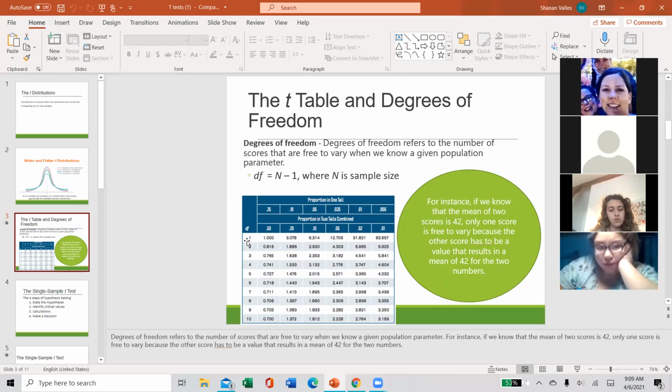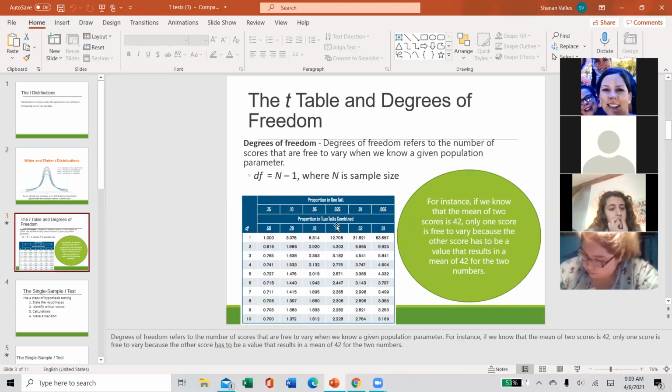Okay, and remember, in that table in the back of your book, or I've posted them here, you go by degrees of freedom. You slide your finger down, and say we find 9, and then we see all these numbers across here. In our statistics class, we'll always do two-tailed, and convention for social sciences is 0.05.